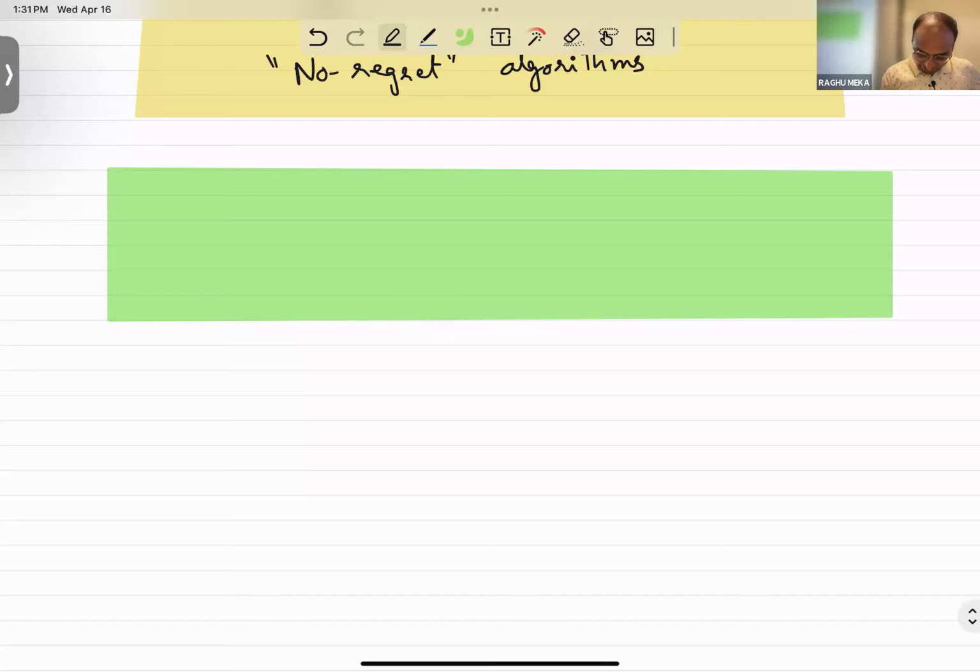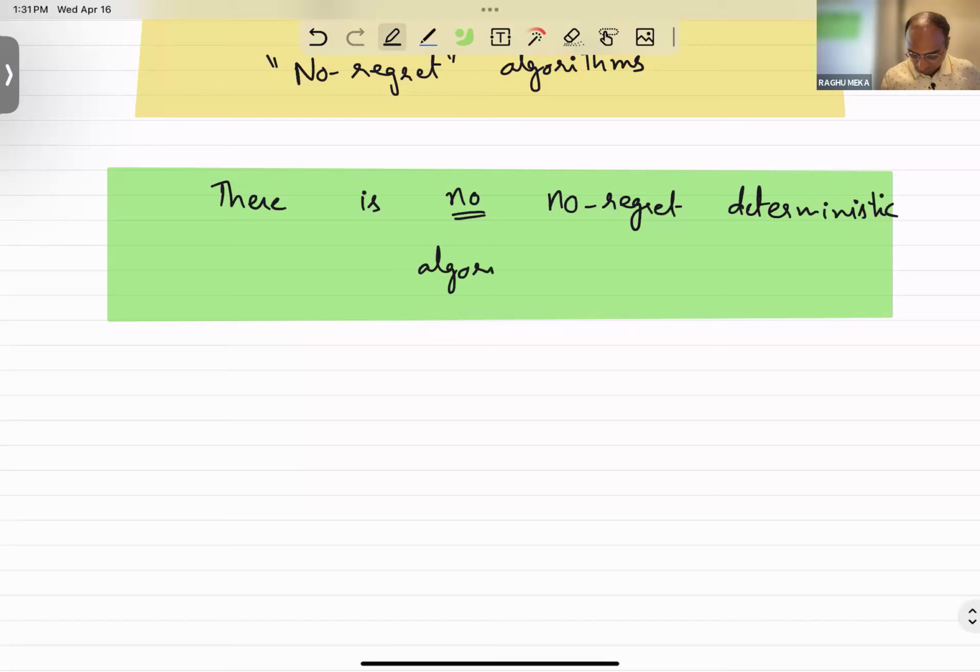And unfortunately, there's this thing which says that there is no no-regret deterministic algorithm. Okay.